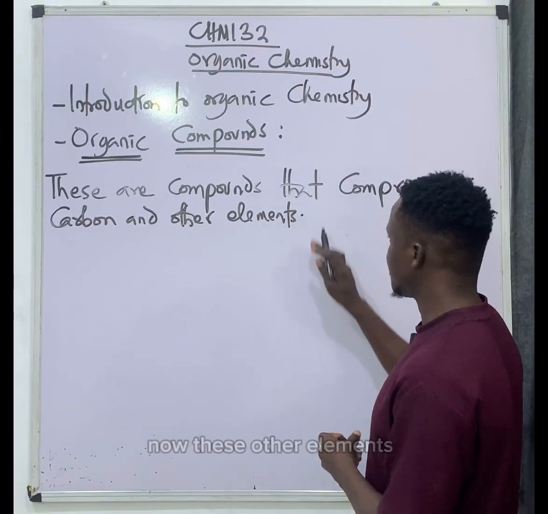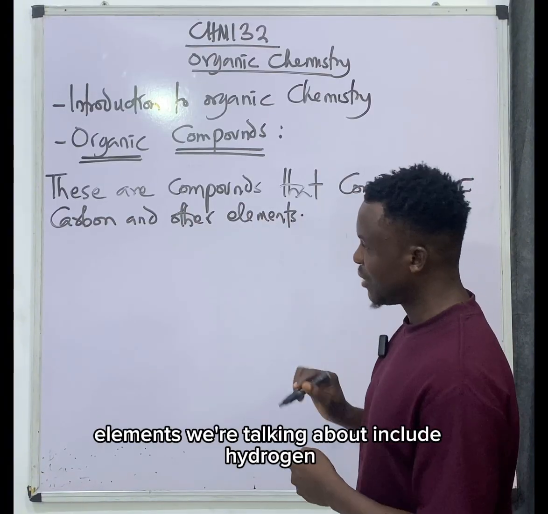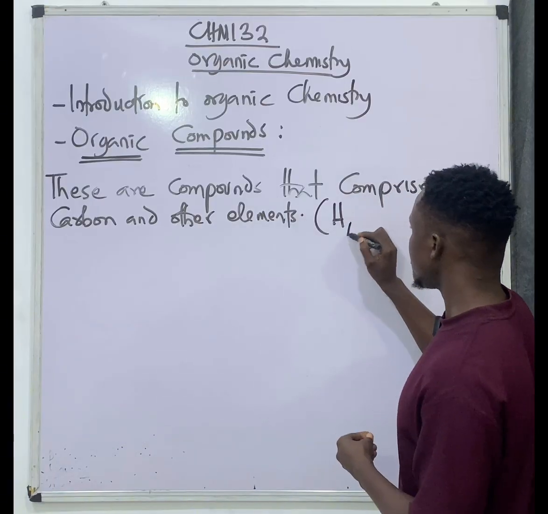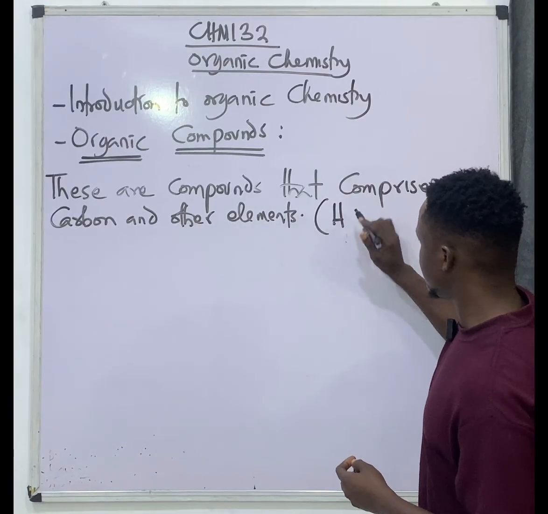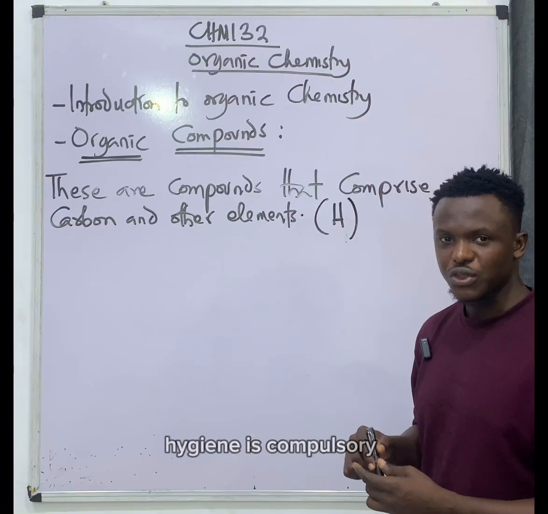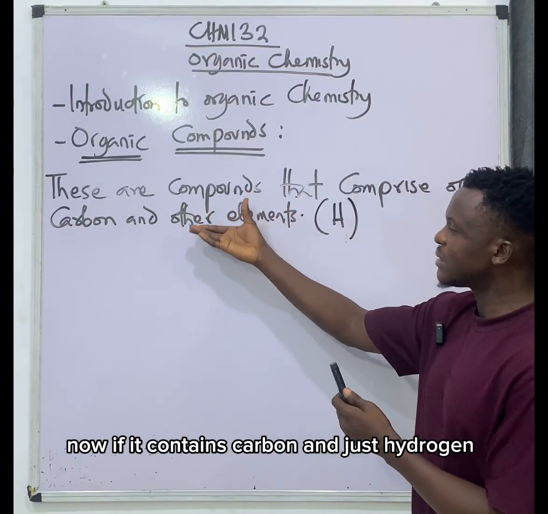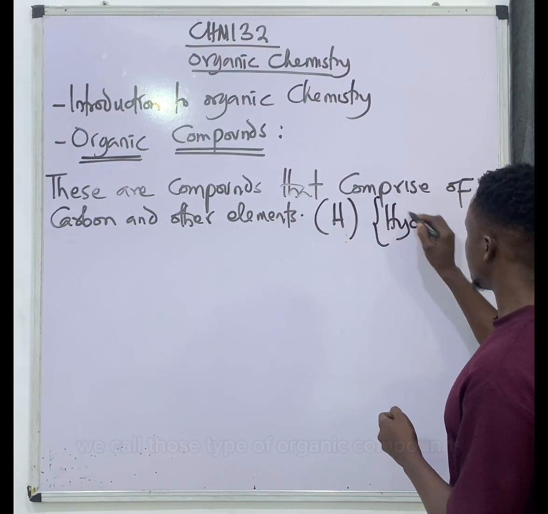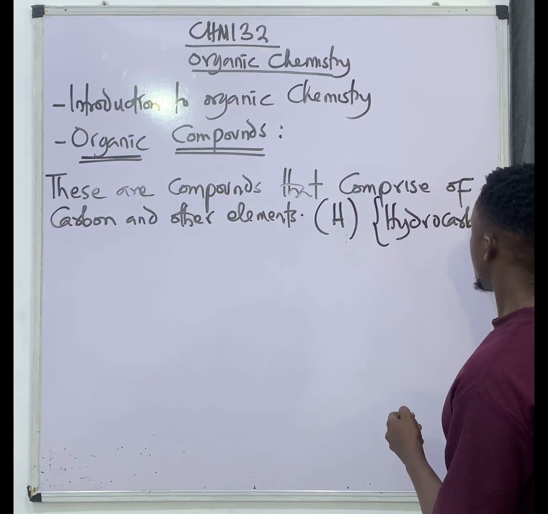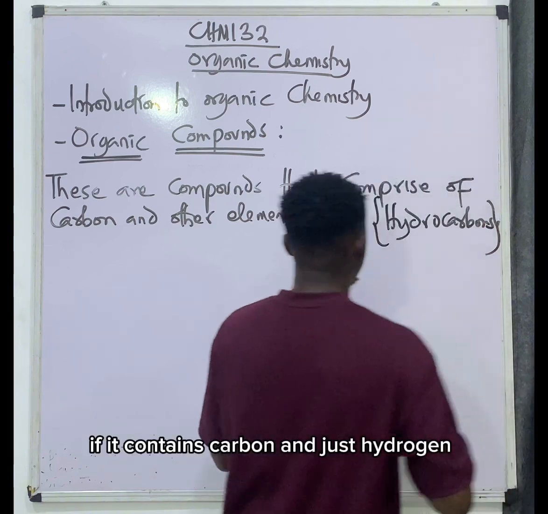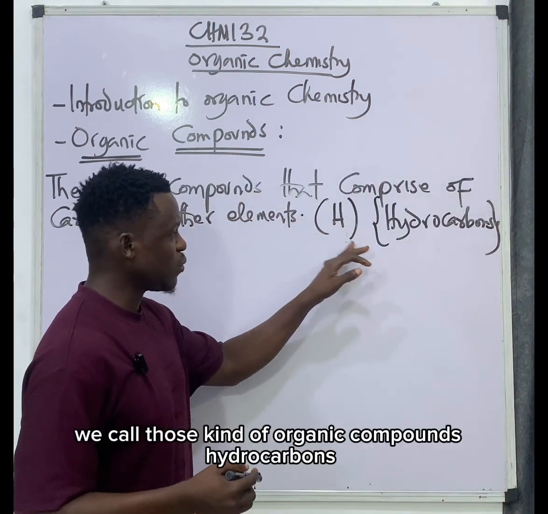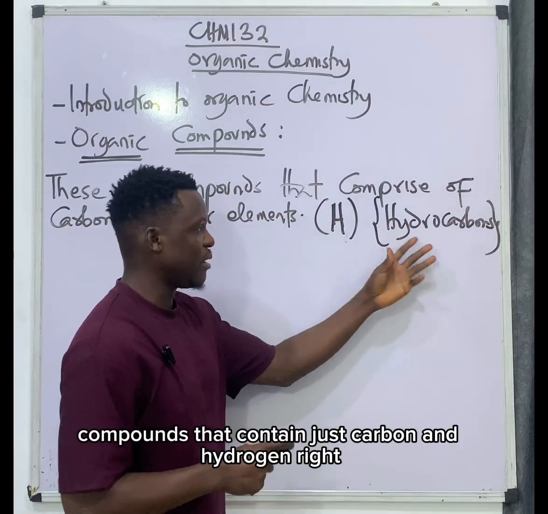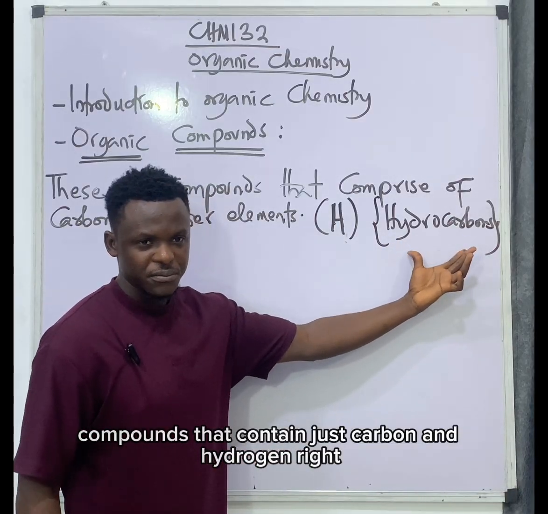Now, these other elements we're talking about include hydrogen. Now, hydrogen is compulsory. If it contains carbon and just hydrogen, we call those kind of organic compounds hydrocarbons. Hydrocarbons are basically compounds that contain just carbon and hydrogen, right?